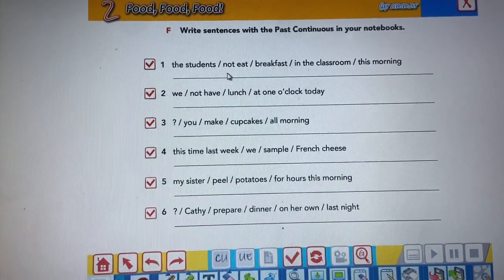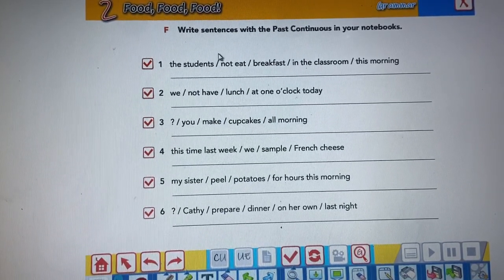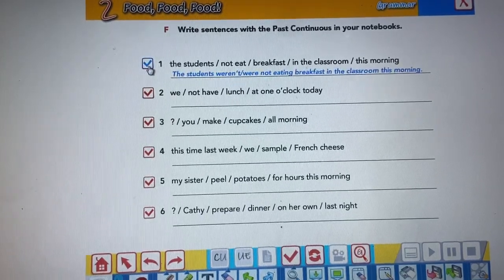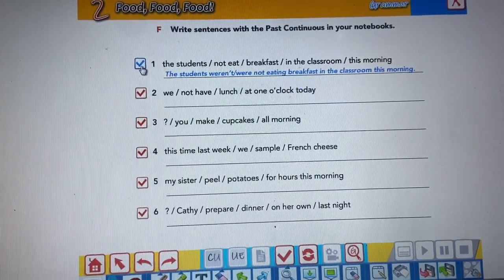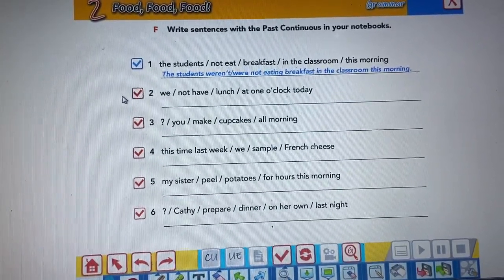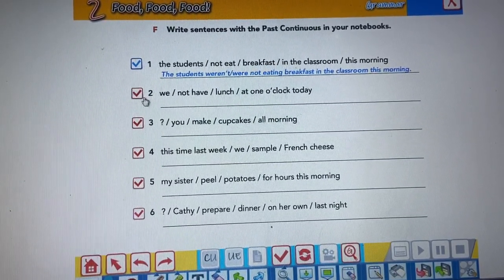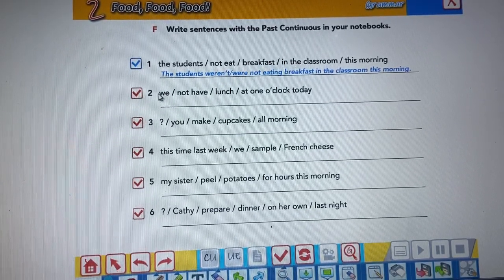The students weren't eating breakfast in the classroom this morning. Number 2: We not have lunch at 1 o'clock today. We is also a plural subject, so: We were not having lunch at 1 o'clock today.